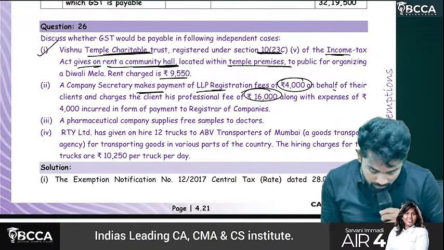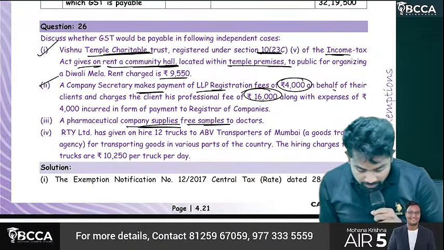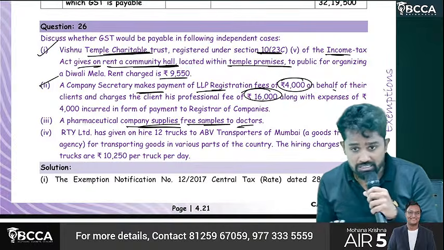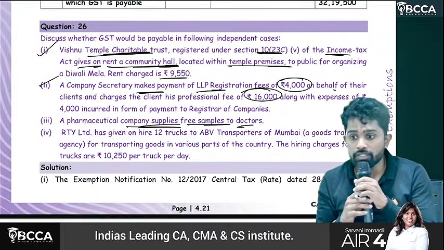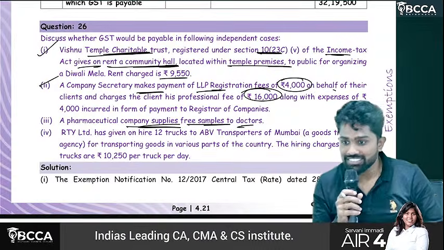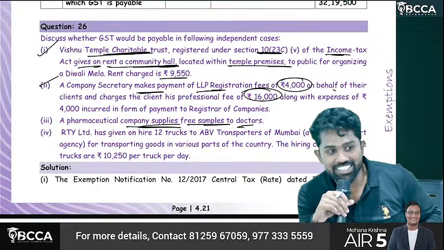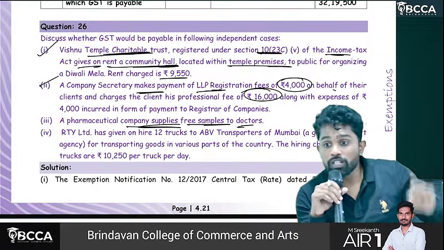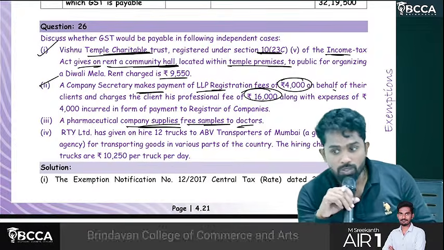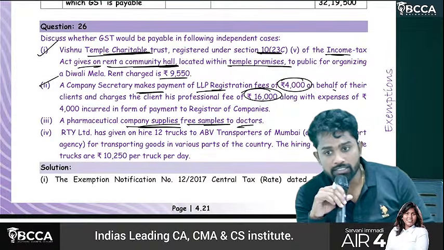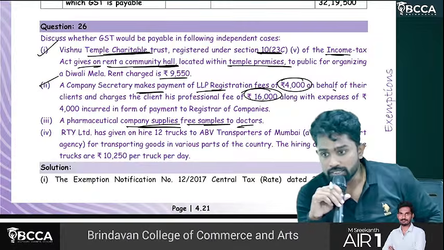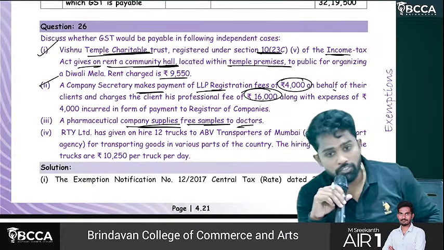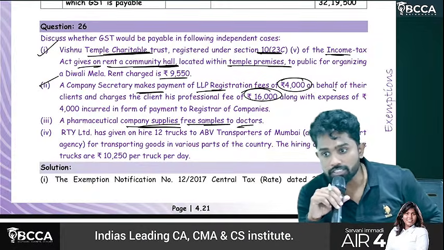Supply. Okay, then pharmaceutical company supplies free samples to doctor. Sir, it is not even a supply. Okay, sir, schedule 1 comes only when freebies income tax. It's okay. Here you need to think here what? Schedule 1 deemed supplies. Without consideration, it will be treated as supply only in 4 cases. What are those? Principal to agent. Import of services from a related person in the course or furtherance of business.